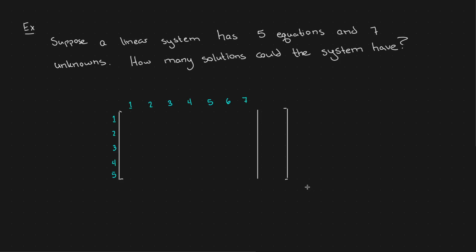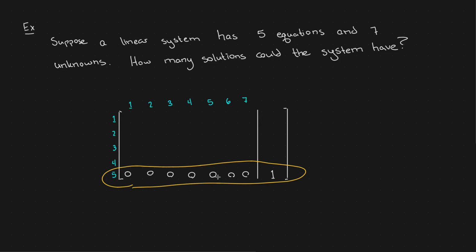Okay? So let's think about each case individually. First, is it possible to have no solution? So for no solution, we would need a row of zeros and then something not zero at the end here. It's possible that if we get this into row echelon form or reduced row echelon form, we get a row that looks like this.